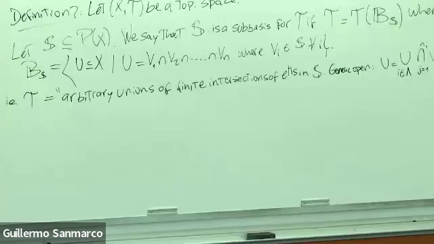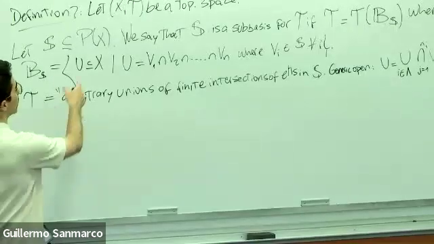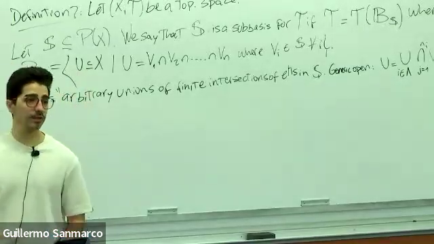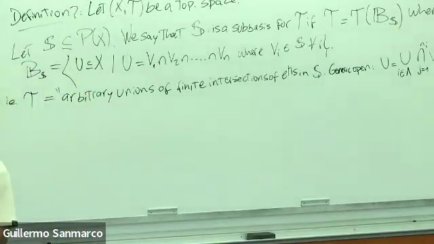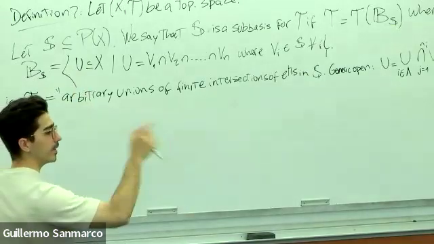But it's absolutely true that the power set itself is going to be a subbasis for something. It's also going to be a basis for something. But the something is just the discrete topology. Everything is open. So we don't need basis and subbasis to describe that. But yeah, that's true.